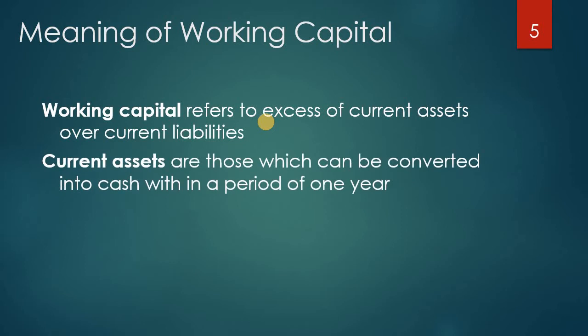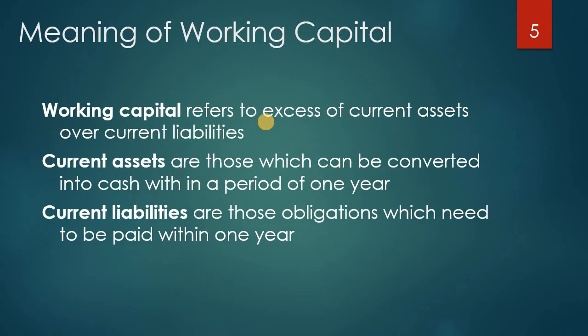So current assets mean what? Current assets means those assets which can be converted into cash within a period of 1 year. That means within 1 year you can convert that asset into cash, or it can be converted into liquid form. For example, raw material, stock, inventory, debtors, bills receivable, etc. Then current liabilities.